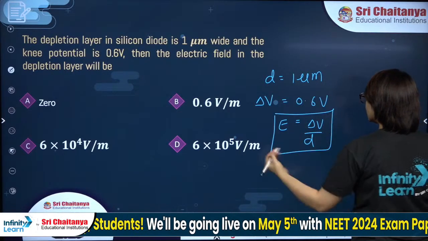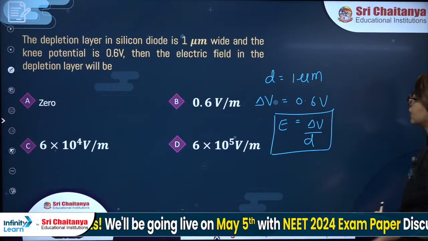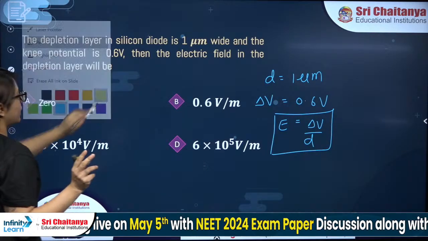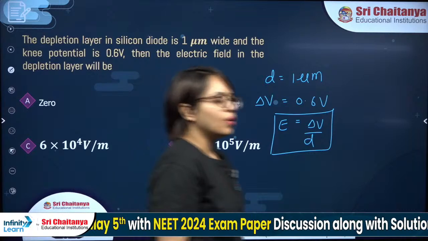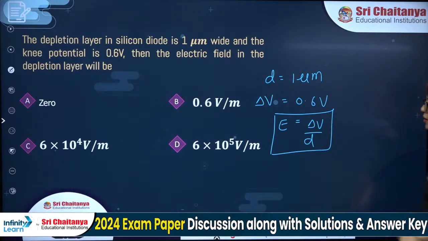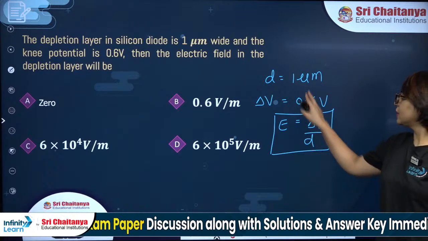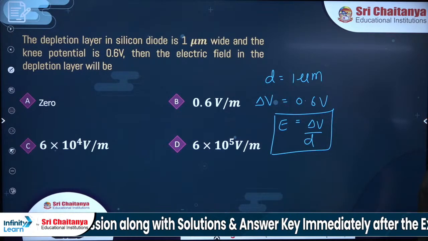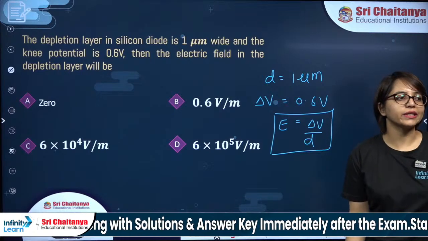This is the relation between electric field and potential in terms of magnitude. E is delta V upon D. What is the value of electric field in this depletion region? Delta V is given, D is given, it is 10 to the power minus 6 meter over here. Do the calculation and let me know the correct answer, bachcho.